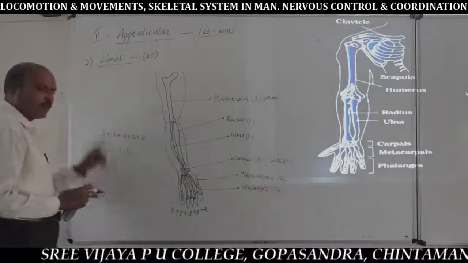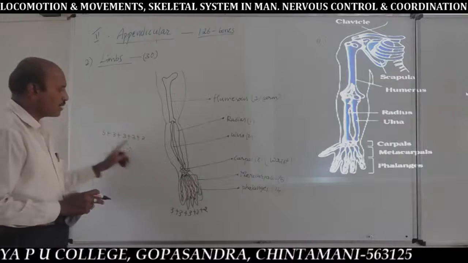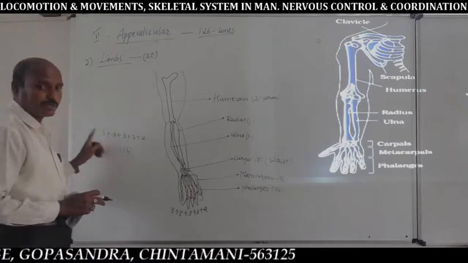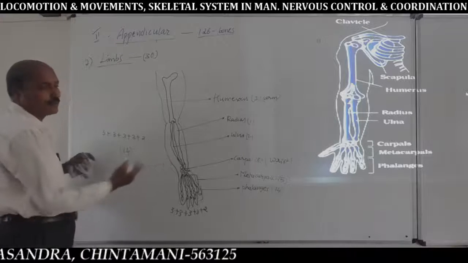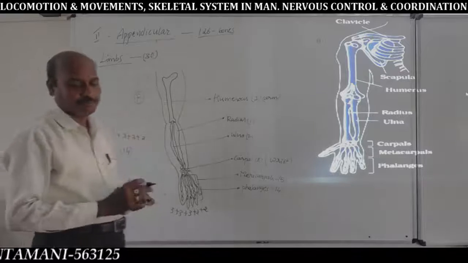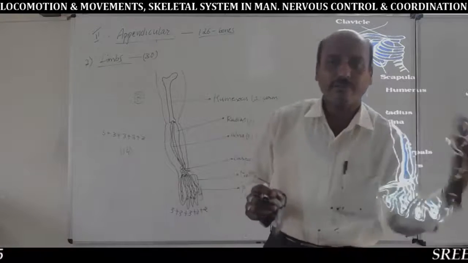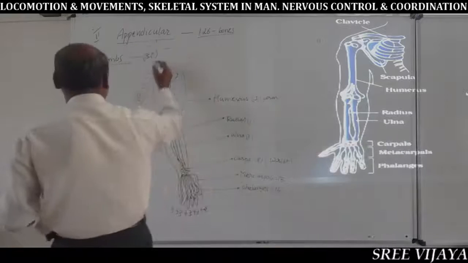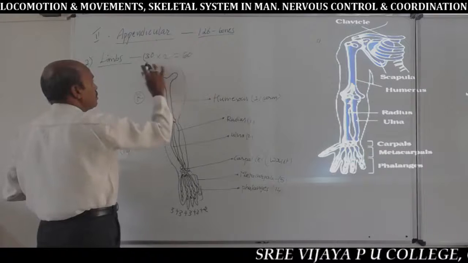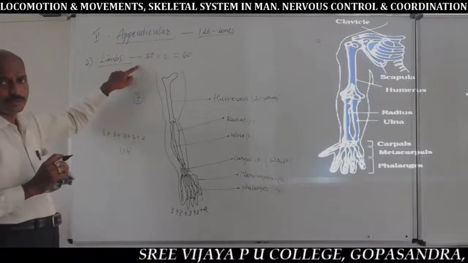Out of 14, only the thumb has 2 phalanges, while each remaining finger contains 3 phalanges, totally 30 bones. So the right forelimb, right hand, contains 30 bones. Similarly, the left hand contains 30 bones. 30 into 2 totally equals 60 bones present in the forelimbs.